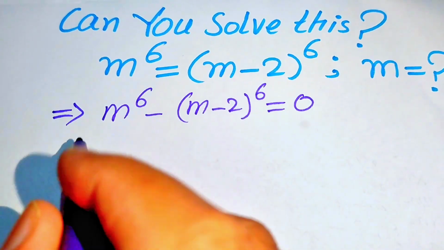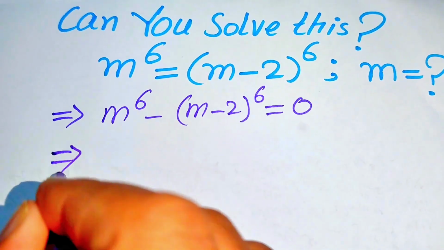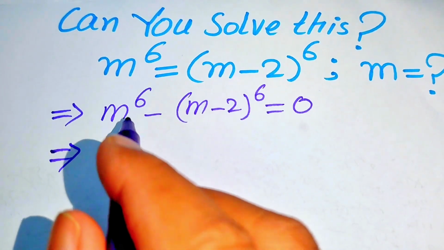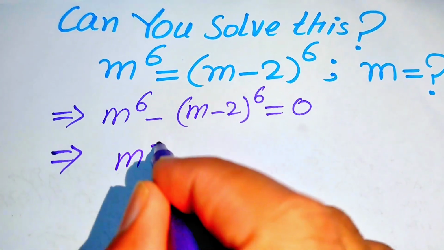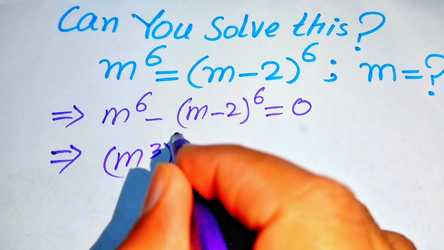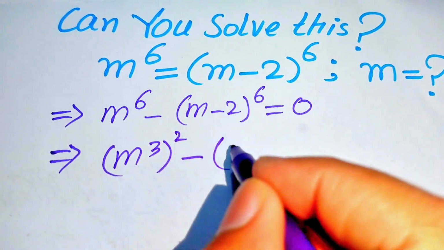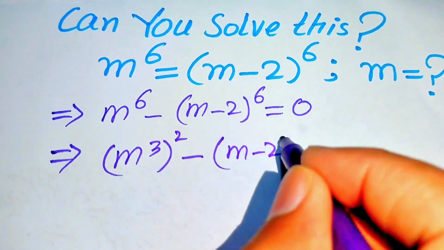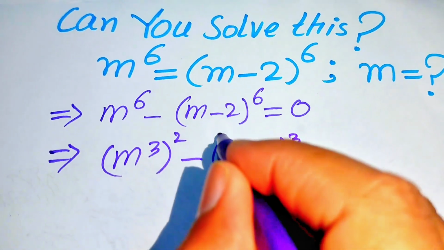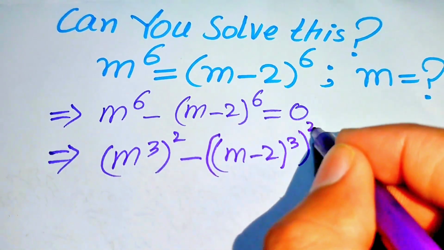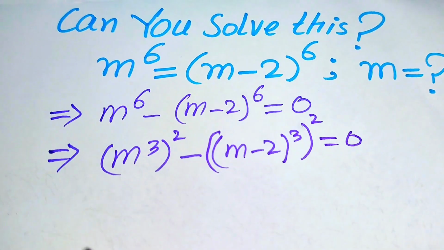And now we rewrite m to the power of 6 as (m cubed) whole squared, minus we rewrite this term as ((m minus 2) cubed) whole squared, and this whole equals 0.